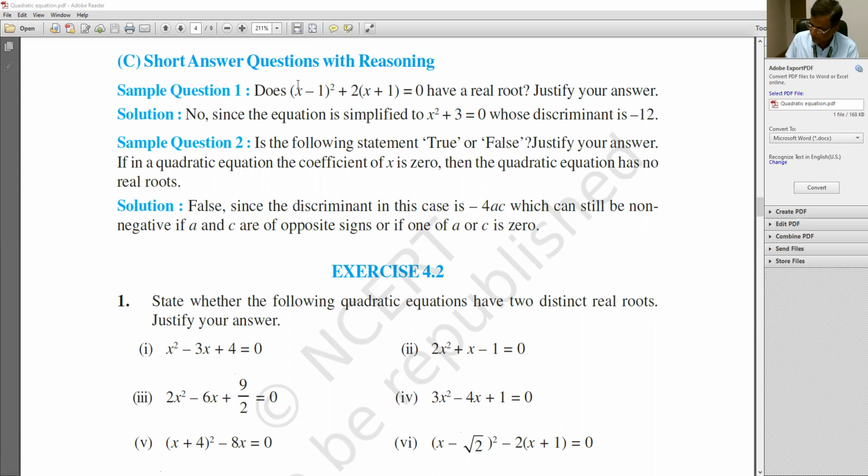This is a square minus 2ab plus b square. So this will give you x square minus 2x plus 1, plus 2x plus 2 is equal to 0. So 2x plus and 2x minus will be cancelled. So this will be x square plus 3 is equal to 0.